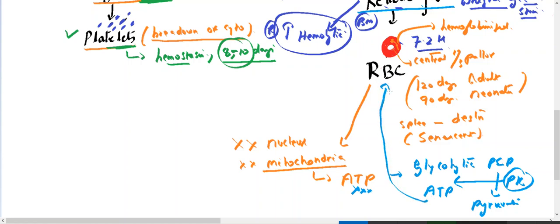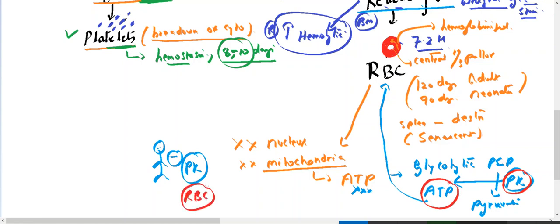For example, let's say this person doesn't have the pyruvate kinase enzyme. So he is not generating ATP. As a result, the RBCs are not getting enough energy, and they become rigid and get damaged.